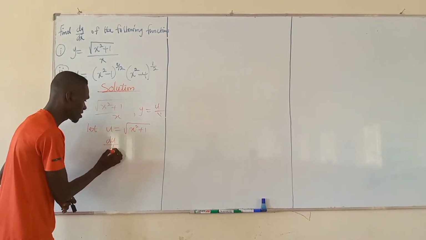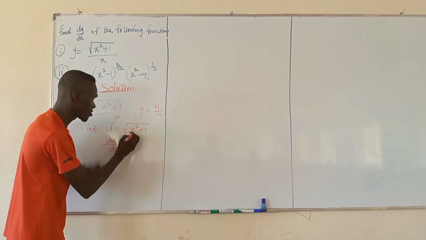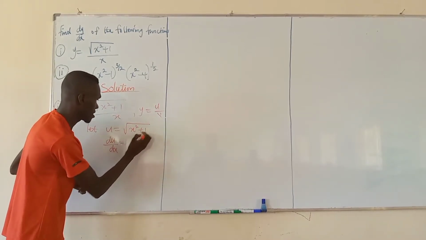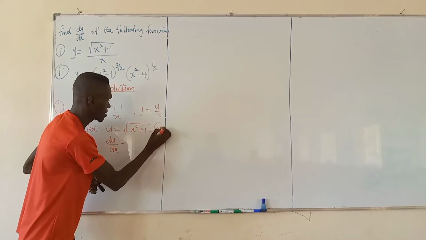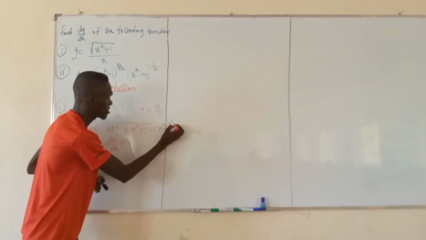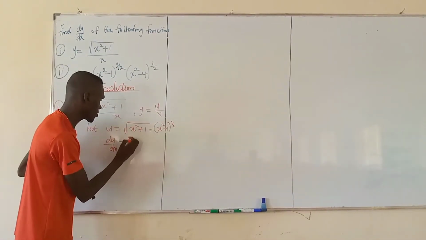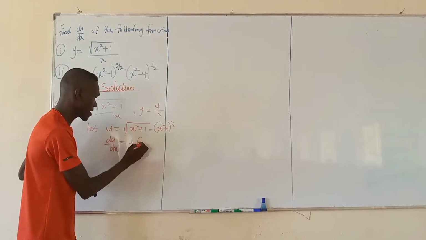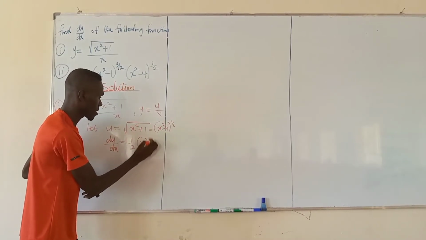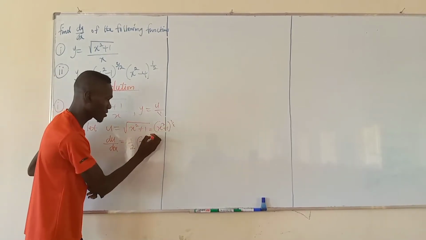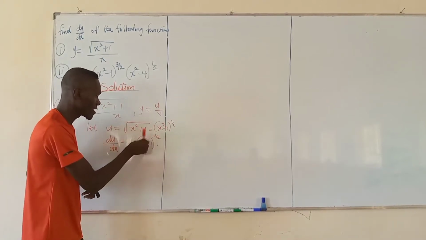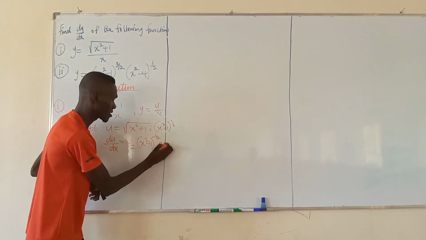Because we have to differentiate. du/dx is going to be, normally this can be written as (x squared plus 1) raised to the power 1/2. So the derivative of this is going to be 1/2, open bracket, (x squared plus 1) raised to the power half minus 1, which is minus half, times the derivative of the inside, which is 2x.